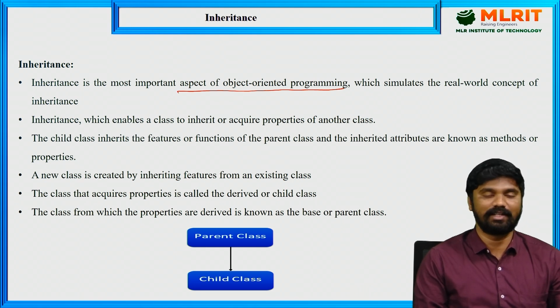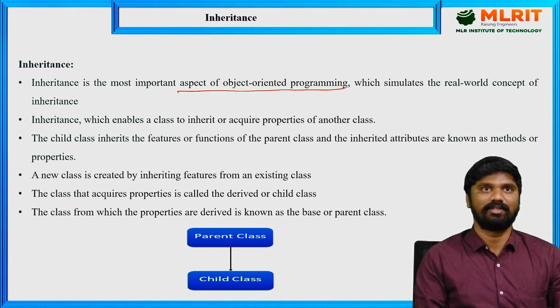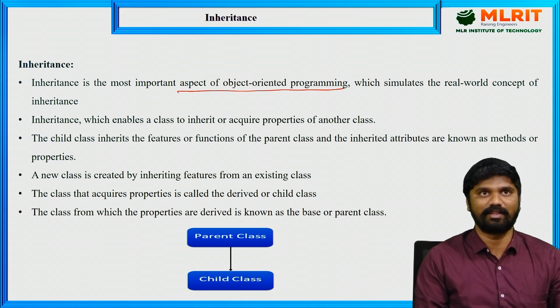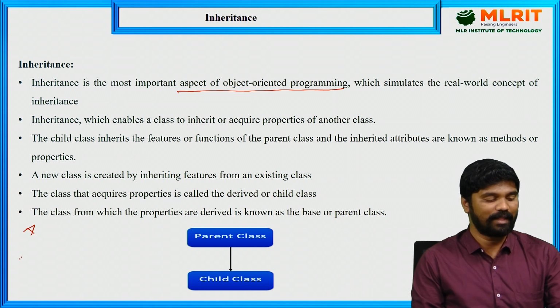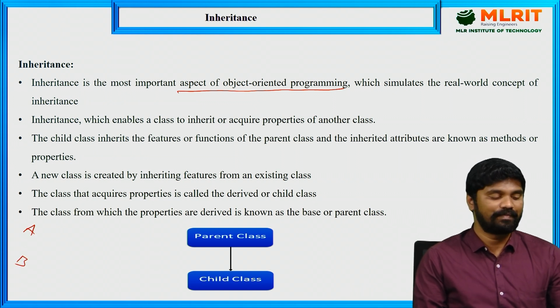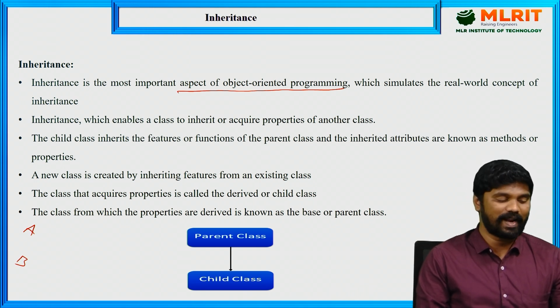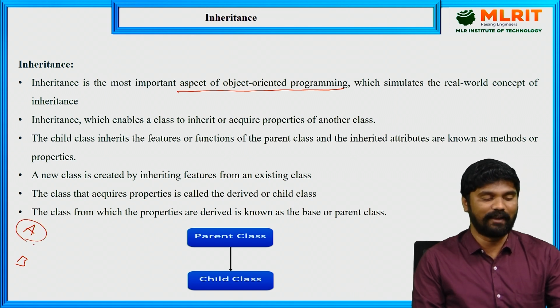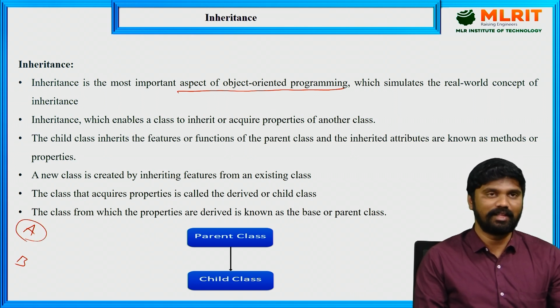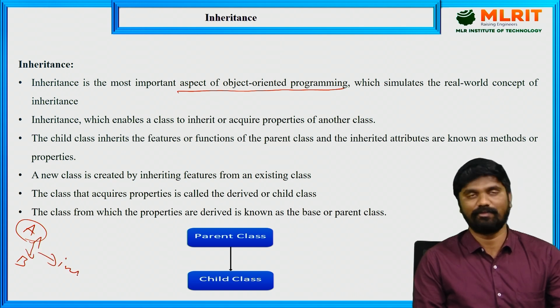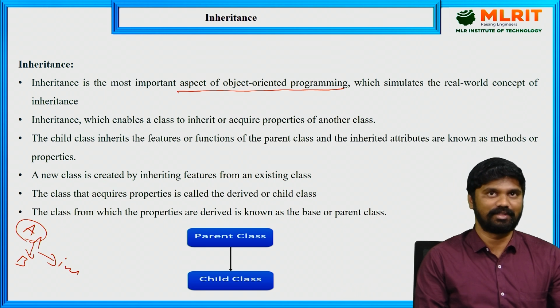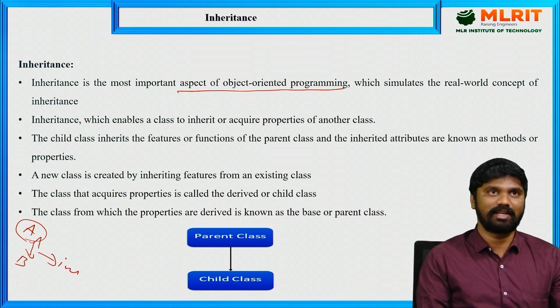What does inheritance mean? Simply, a class inherits or acquires properties of another class. For example, there are two classes, A and B. If class B wants to access the properties and behavior of class A, then these two classes have to be in an inheritance relationship, which we call a parent-child relationship.